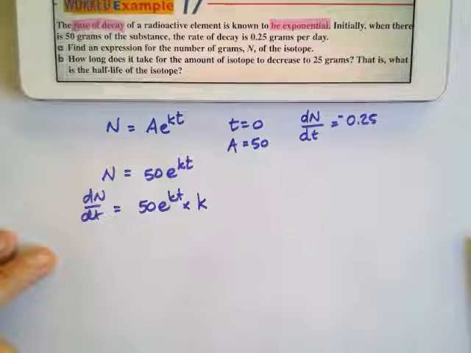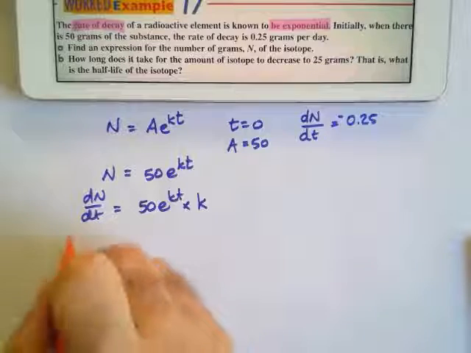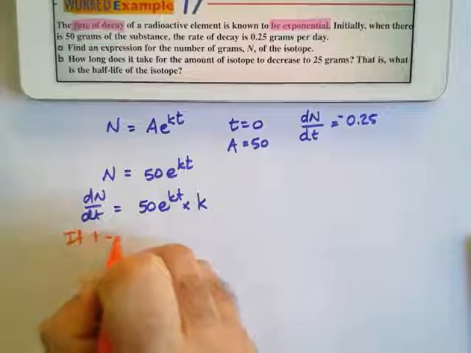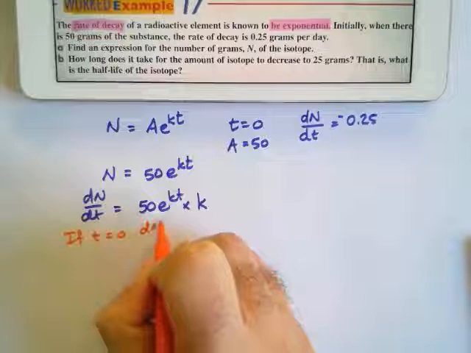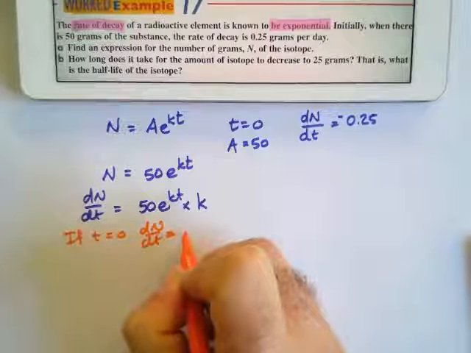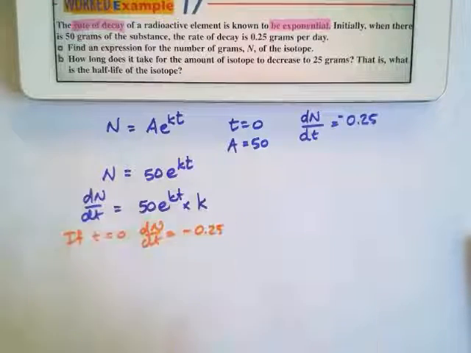Now what do we know? We know that if time is 0, then dN dt equals negative 0.25.